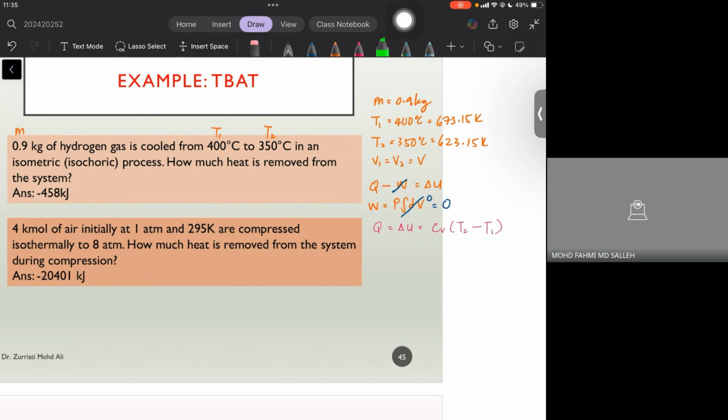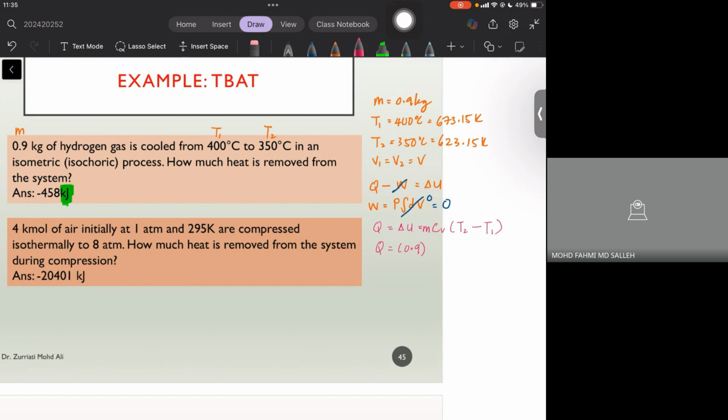Again, this question requires us to give the answer in kilojoules, thus we multiply with the mass. So Q equals the mass, 0.9, times the specific heat at constant volume.